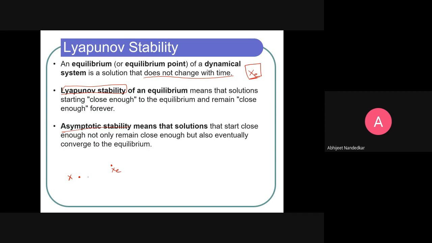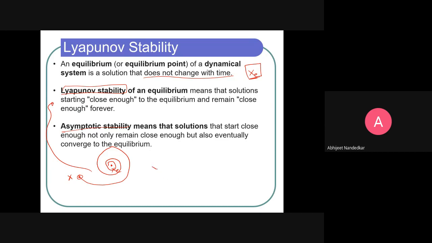So you start with this initial point. Over a period of time, your system is just moving around this. It keeps revolving around this equilibrium point. Then this is Lyapunov stability.